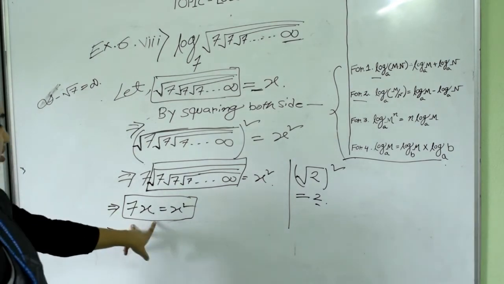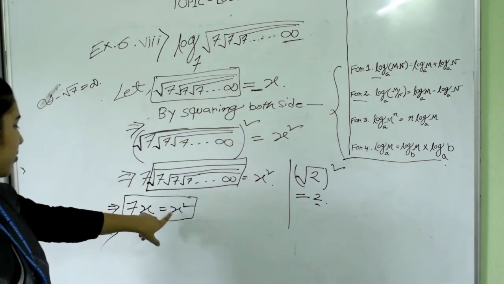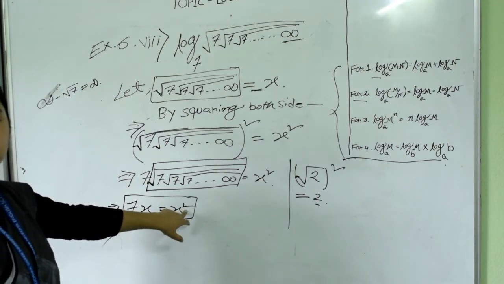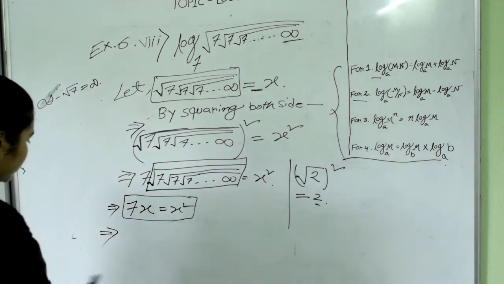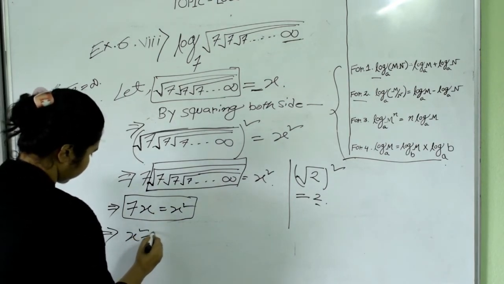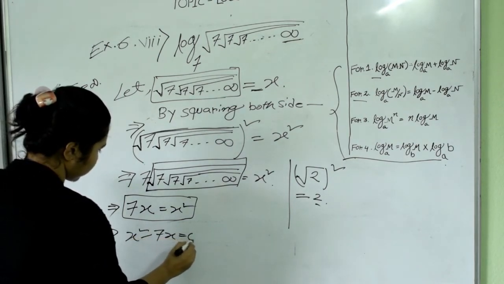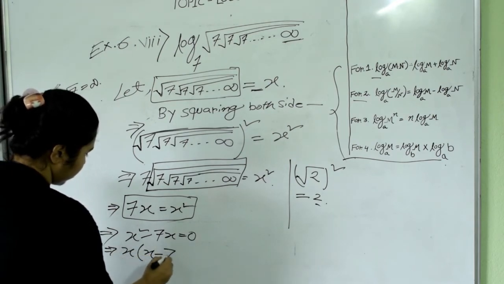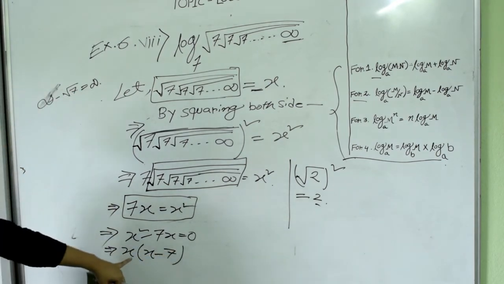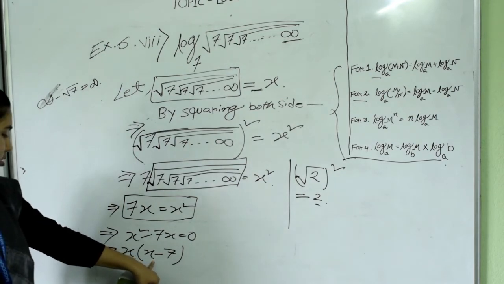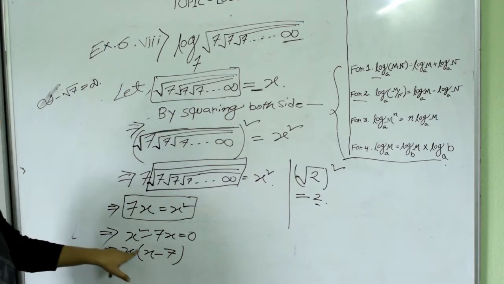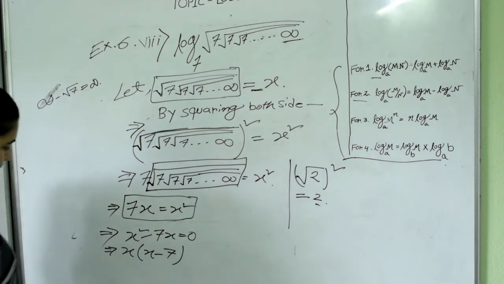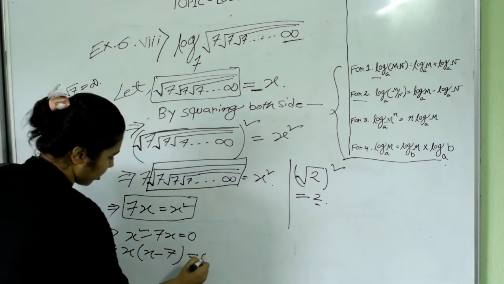Now this is an equation with one variable and the power is 2. That means the order is 2. So we can solve this expression. x square minus 7x is equal to 0. Take x as common. If we take x as common, the remaining part is x for the first term and 7 for the second term, equal to 0.